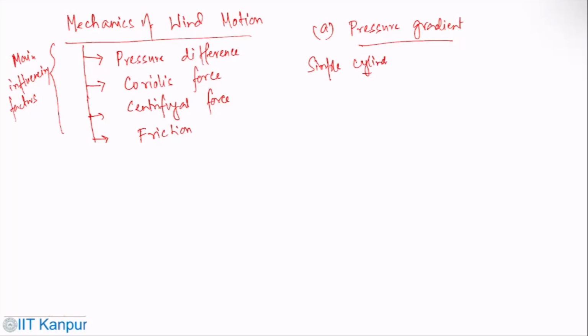Let's say this is a simple cylinder where this is the length L, and at this face this is the area. Let's say this is x naught, this is x naught plus L. Then pressure at this side is P of x naught, and this side is P of x naught plus L.